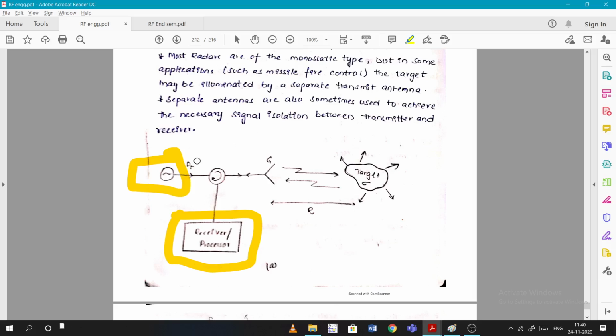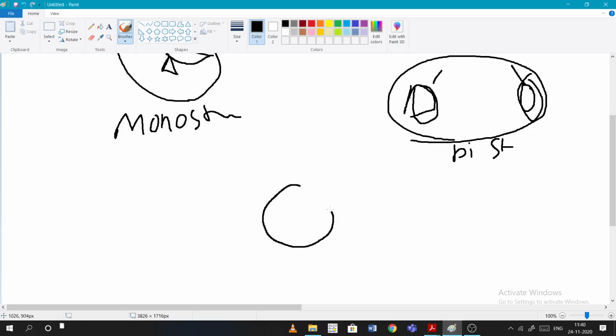So how to achieve that? By using a circulator. We already discussed this circulator in microwave devices. Let's see how it works. For example, this is a 3-port clockwise circulator.